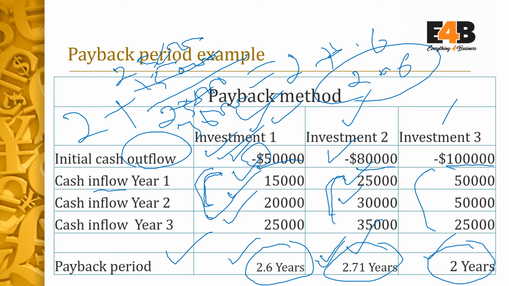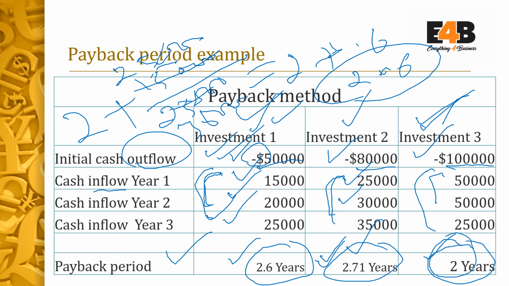But in the third investment we have invested $1 lakh and in 2 years we are getting it back. So the payback period for investment 3 is 2 years. On the basis of payback period we would decide to go with investment 3 because its payback period is less than other projects.